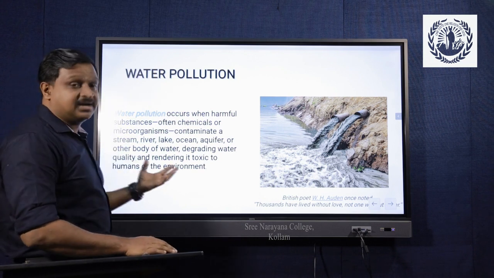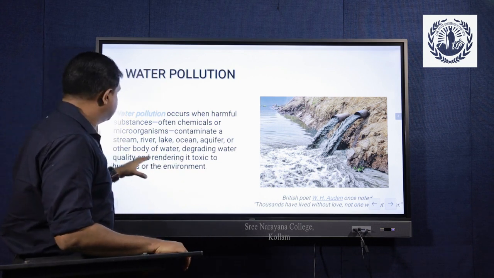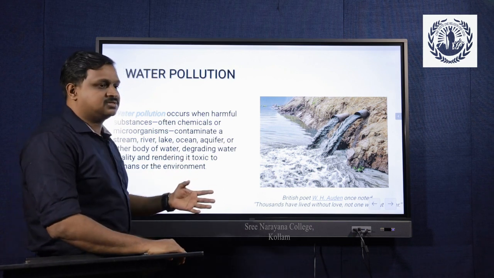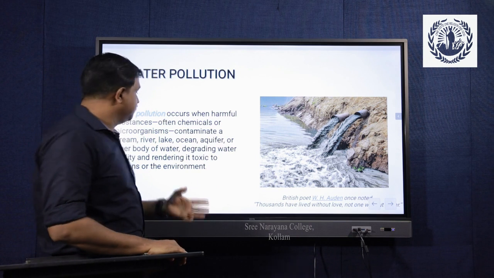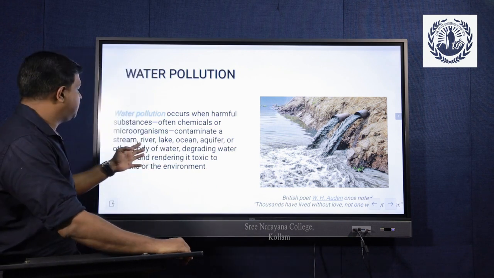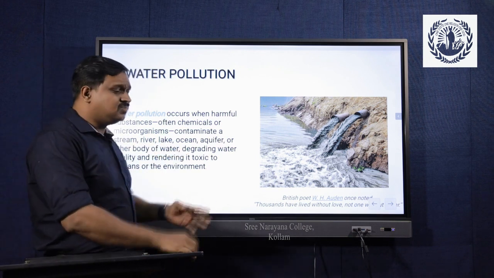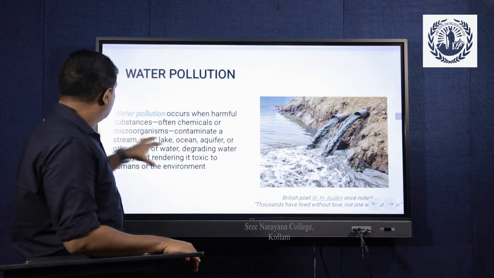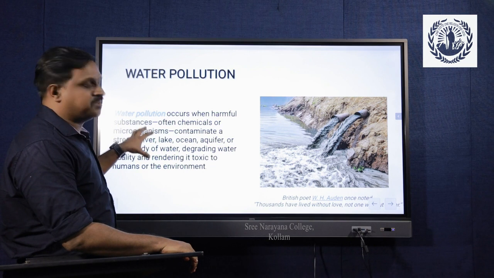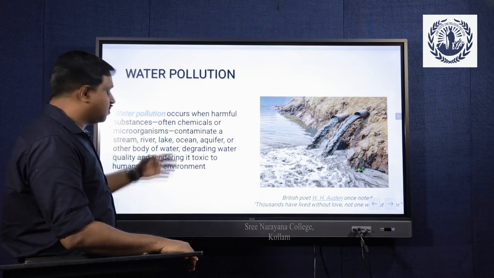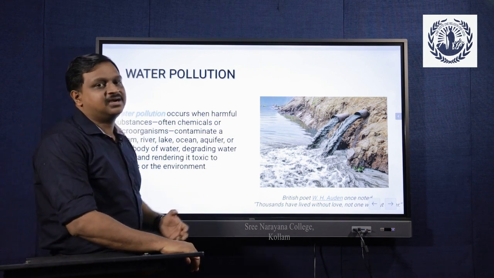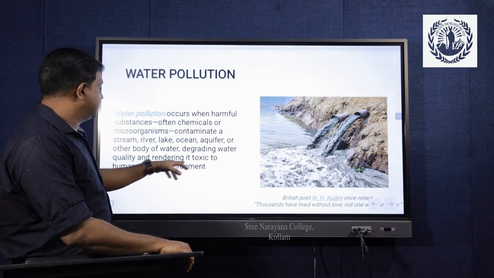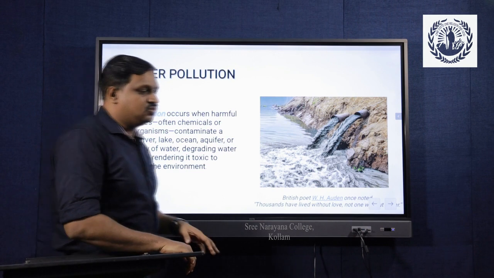They can also contaminate the water, so that it can be distributed along the water bodies. 70% of the surface is covered by water, and the quality of the water is degraded due to the presence of any chemical, or microorganisms like E. coli, so that finally it is rendered toxic to humans or even to the environment.